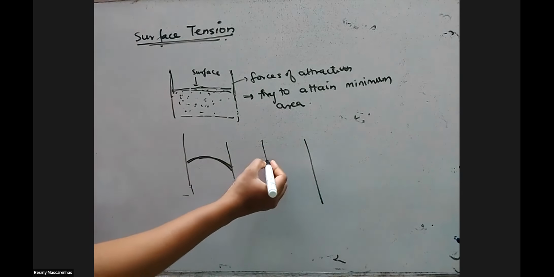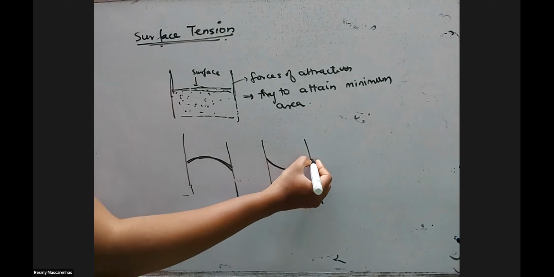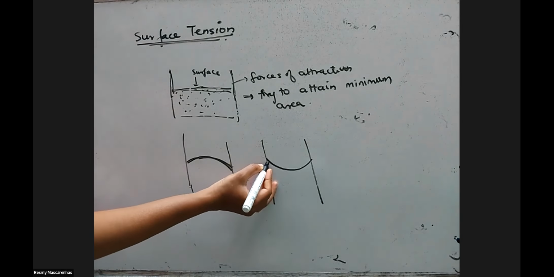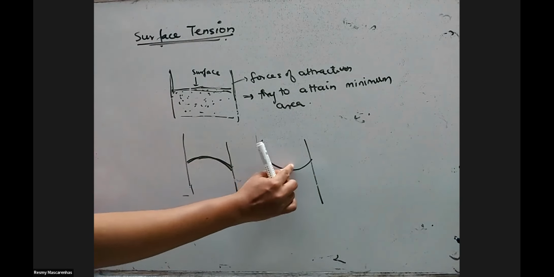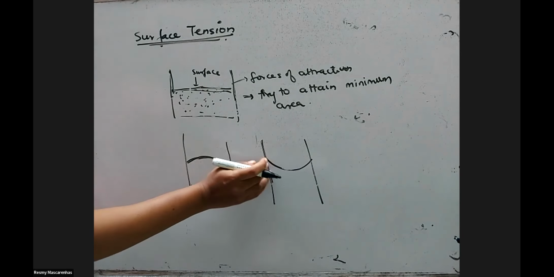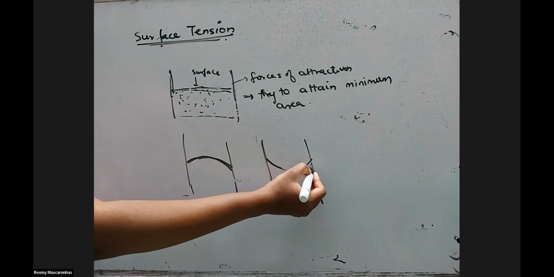The other one is like this. Here what is going to happen? All the molecules will go and stick towards this surface. Here the area will become a little bit empty. These molecules will go and stick here.